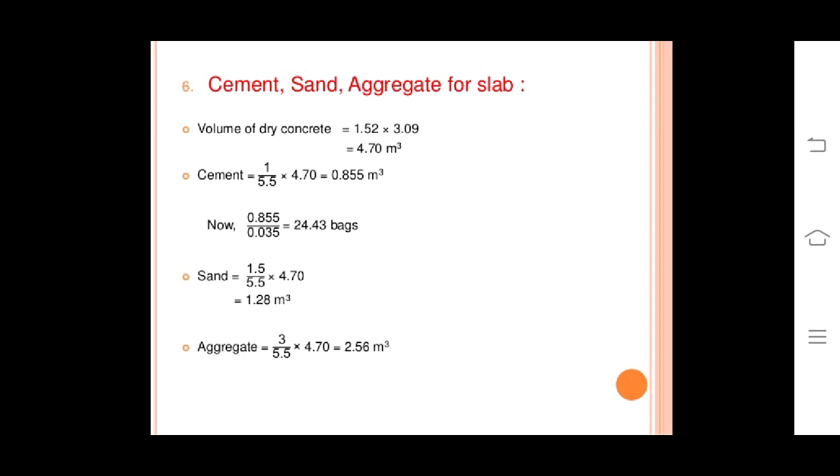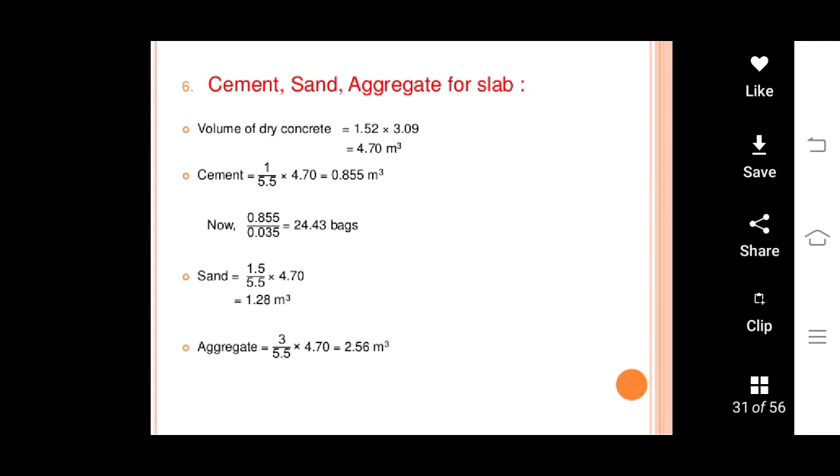It will give the total volume of cement required as 0.855 meter cube. Now, for calculation of bags of cement, the volume is divided by 0.035, and the total number of bags required is 24.43 bags.